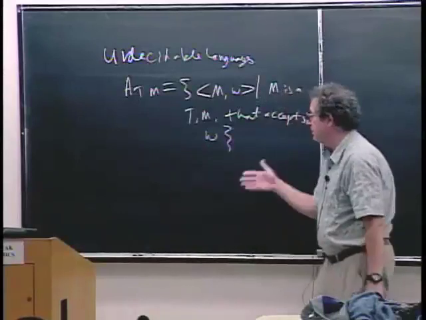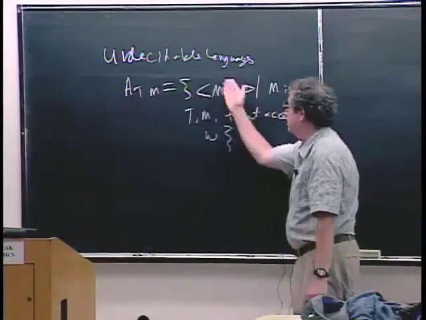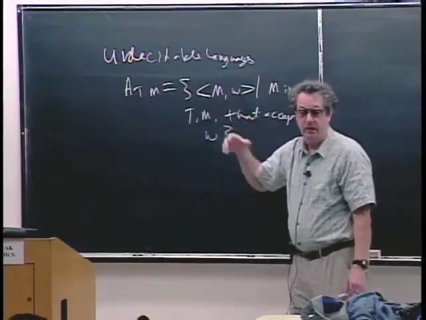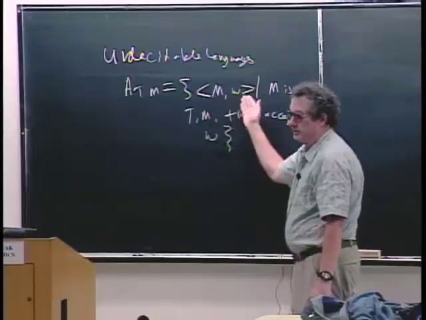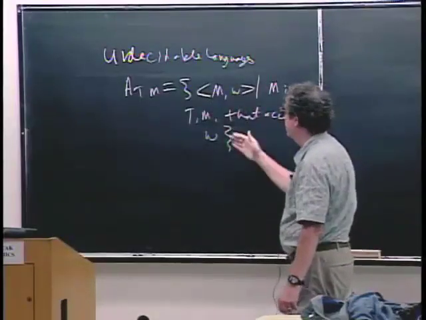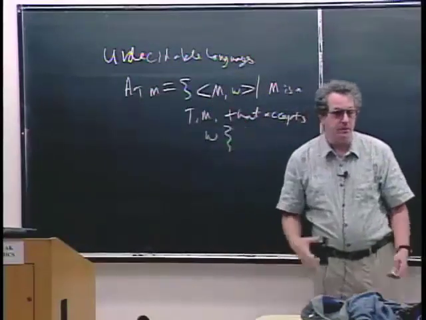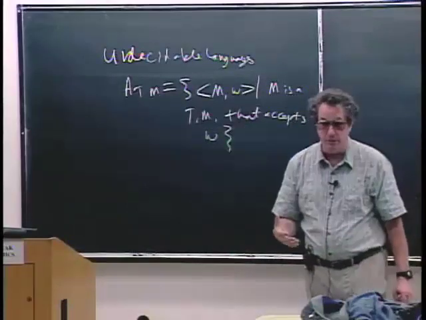There are problems that cannot be solved by a computer. The problem of taking in a description of a Turing machine and a particular input and having another computer or another algorithm look at that string and decide whether or not that Turing machine M accepts W. So you can actually prove that such problems are unsolvable.